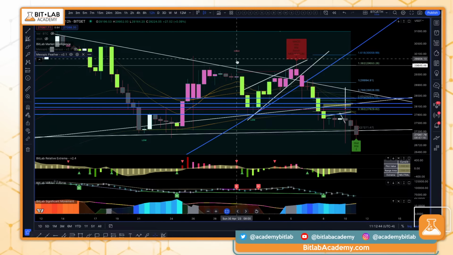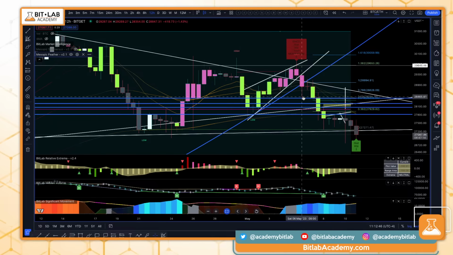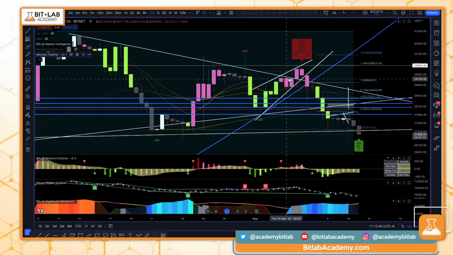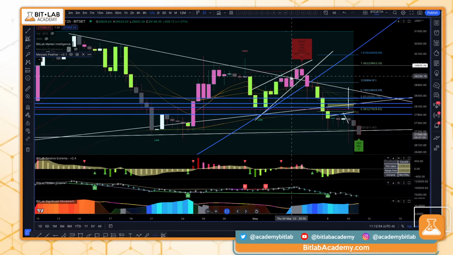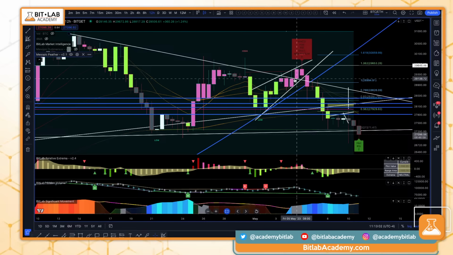So we're seeing a lot of choppiness in this region. But what I want you to notice is as we came up to this level, people really wanted this to go up. Well, we can see that these signals were pink on the chart, which means that this move is not very healthy. It's outside of norms. There's not the correct pressures in it to sustain that move to the upside.